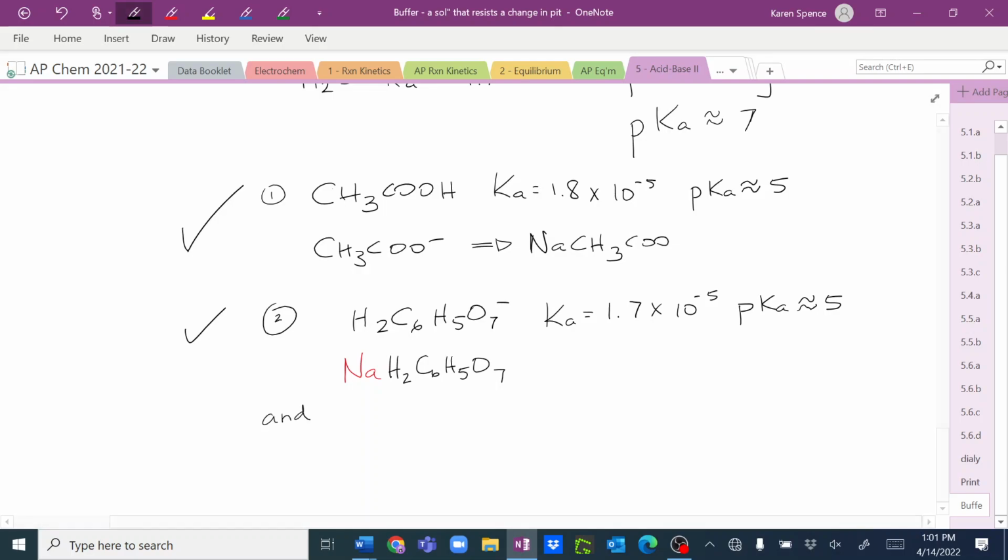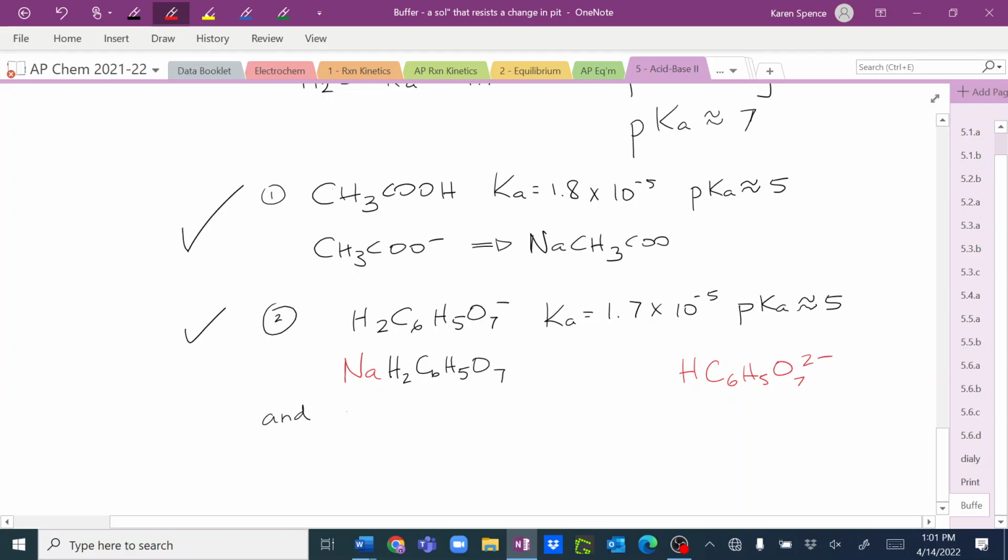And what else would we have to have? The conjugate base. So who's the conjugate base? HC6H5O7 2 minus.